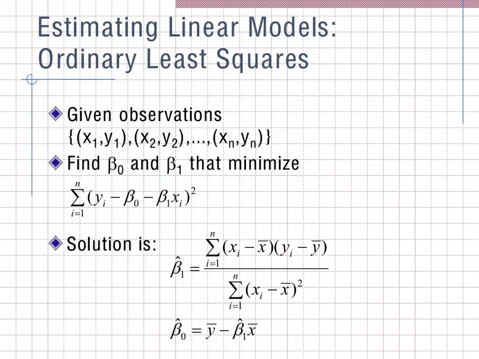So beta 1, and here we call it beta 1 hat because it's an estimate for the true value of beta 1, which we don't know, is going to be equal to the sum over all the observations of the product of the difference in that observation between the x value and the mean of x and the y value and the mean of y, divided by the sum over all the observations of the squared difference between each individual x and the mean of x.